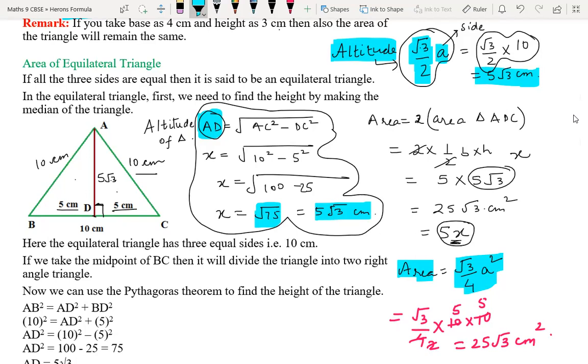Yes, sir, but here he has written 100 minus 25 is equal to 75, not root. He told AD square equals 75. So what is AD? If you want to find AD square, then if you want to find AD, it will be root 75.